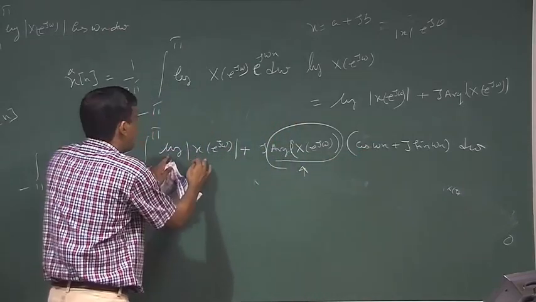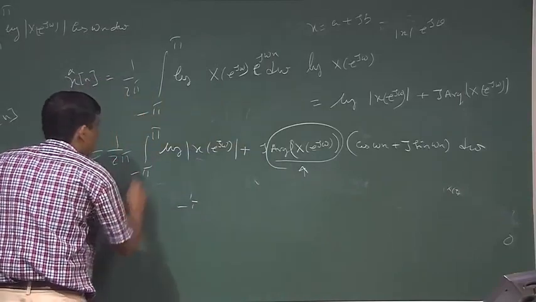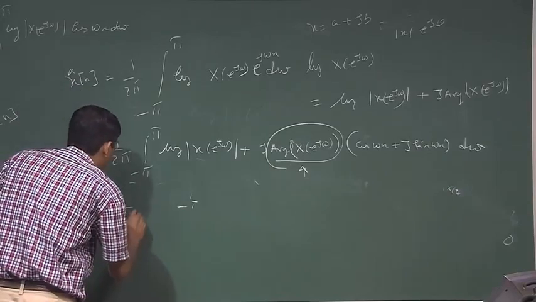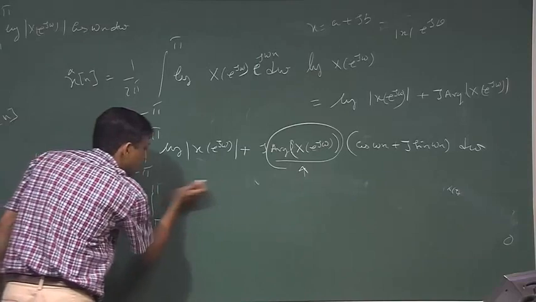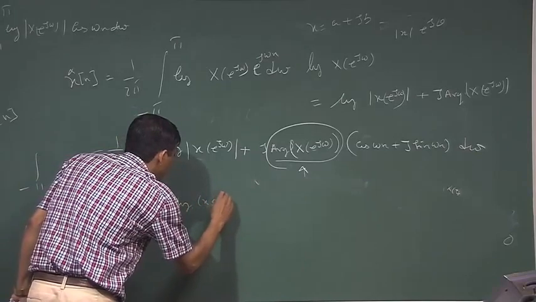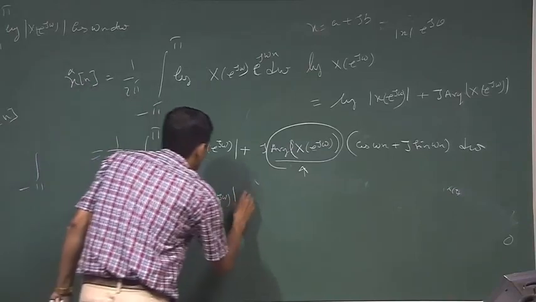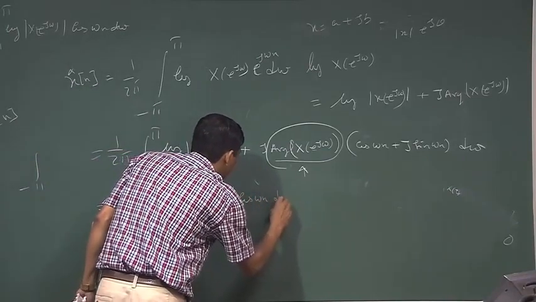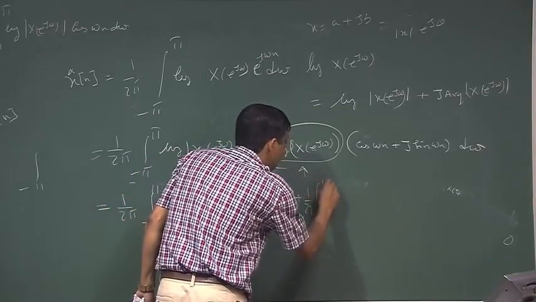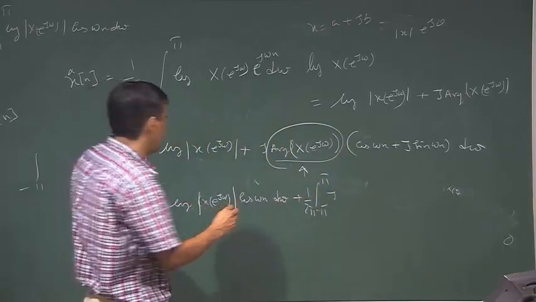Similarly, if this is multiplied with sin omega n, it will be 0. So instead of four terms, two terms will be 0. If two terms are 0, then this will be 1 by 2 pi, integral from minus pi to pi, of log of mod X(e to the power j omega), cos omega n d omega, plus 1 by 2 pi, integral from minus pi to pi, of j times j, which gives minus 1.